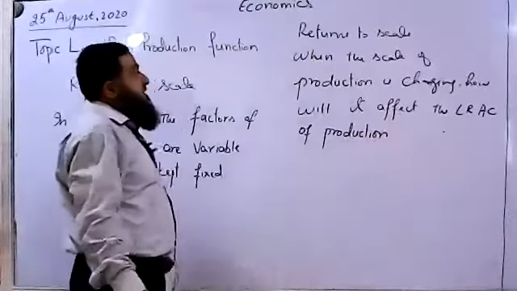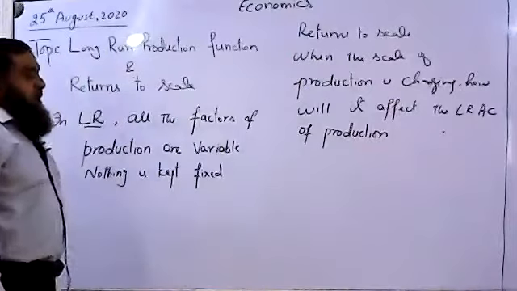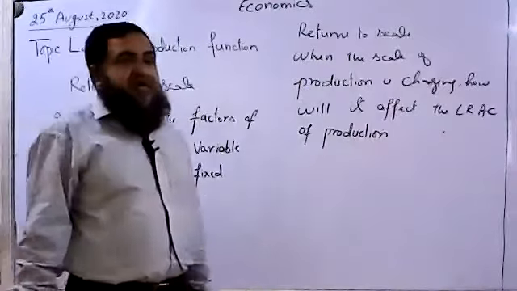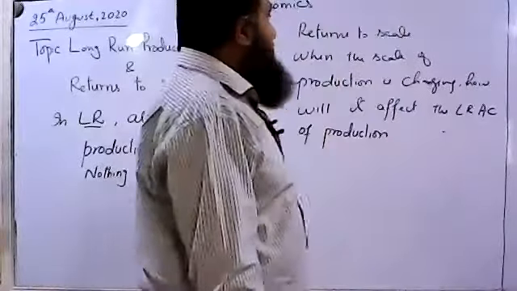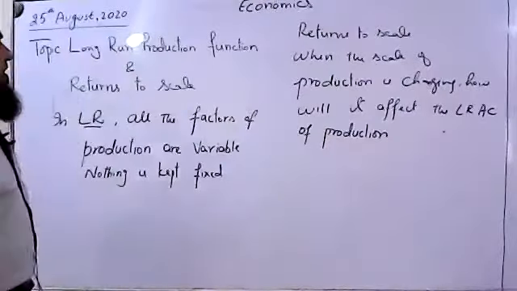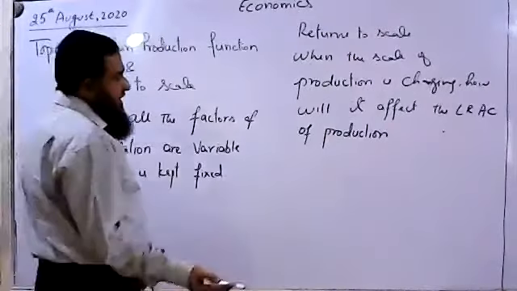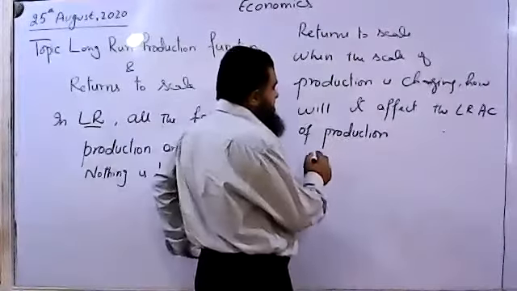Like if we are increasing the scale of production by 100% changes in the factors of production, now the scale has been 100% changed. So how will it affect the cost of production in the long run, the average cost of production? There can be three types of returns to scale.